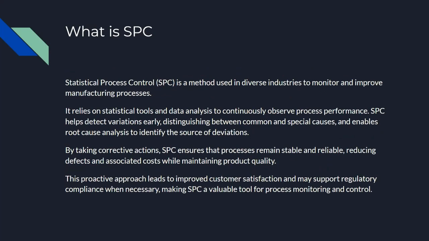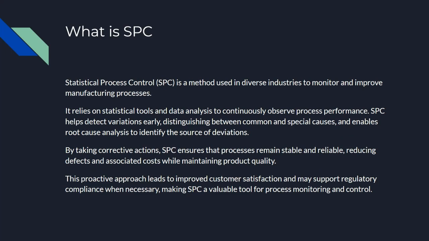Now, what is SPC? SPC is statistical process control. These are methods that are usually used in the manufacturing process and in other industries to help improve certain processes. It relies on statistical tools and data analysis to observe process performance. SPC also helps detect variations early on, saving a lot of costs for manufacturers.